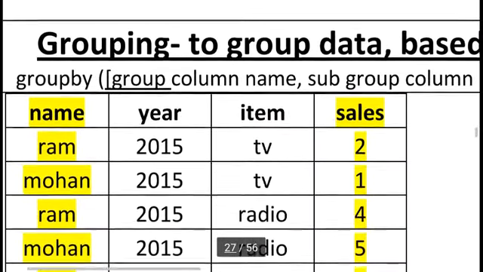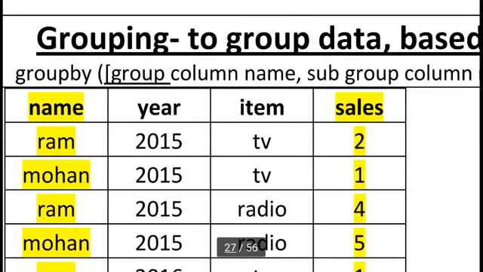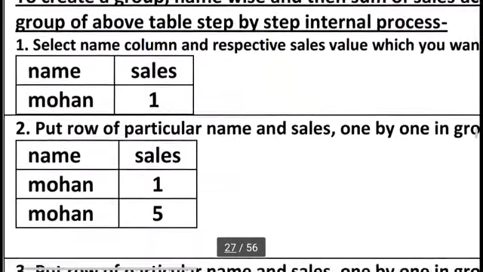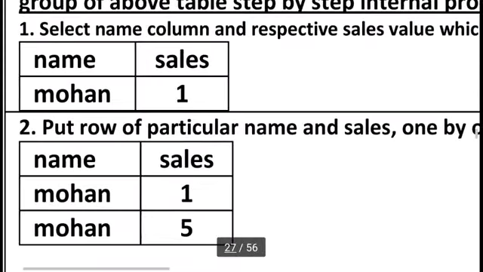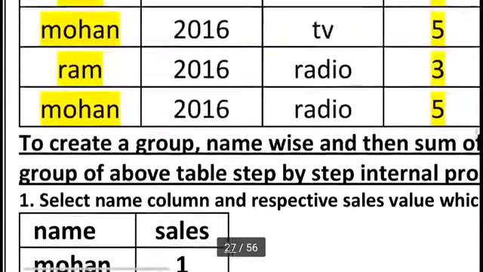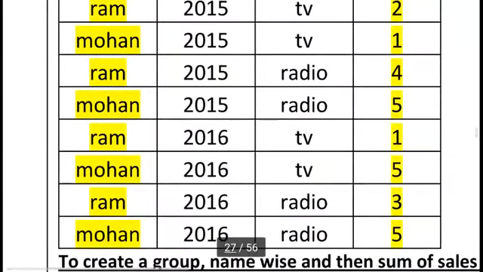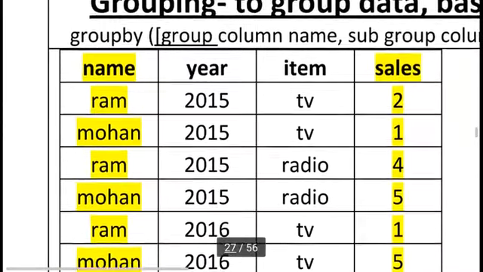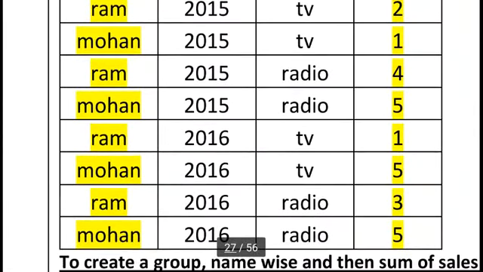The second is Mohan and 5. The third is again Mohan and 5, and the last is Mohan and 5.